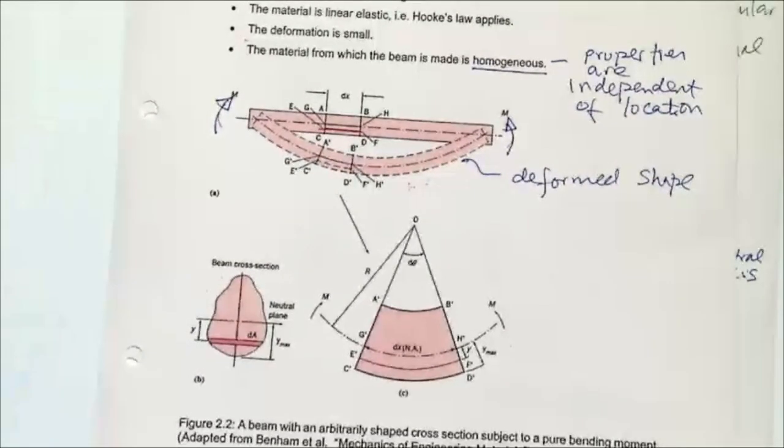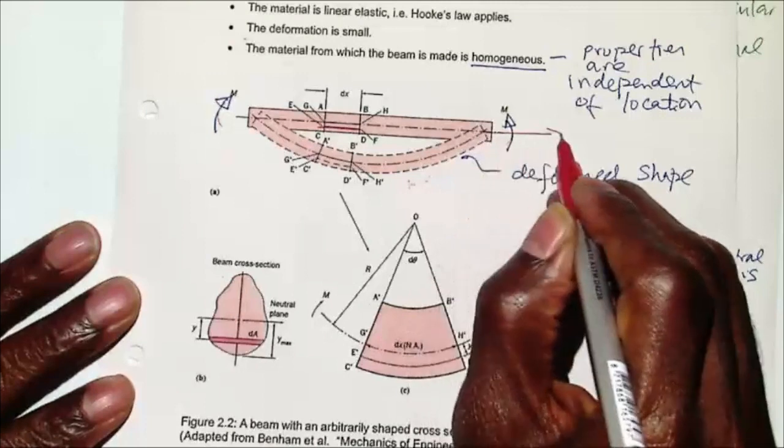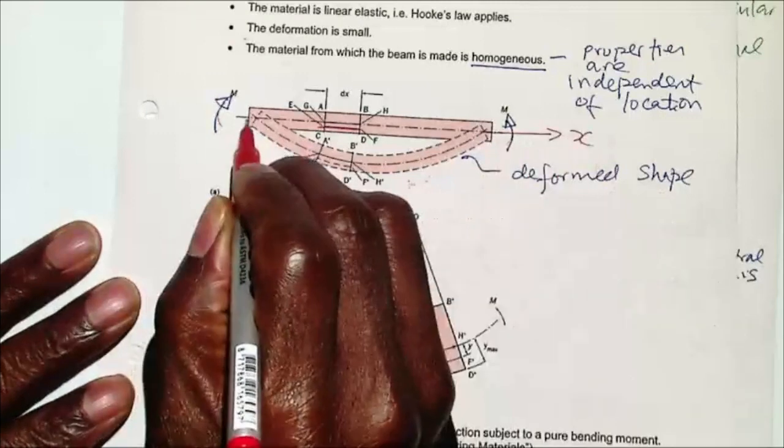Right, so let's look at that. I'm going to look at a small length, length EF, which is at a distance y from the neutral axis. So we have the undeformed shape and the deformed shape. We want to find how the magnitude of the bending moment is related to the stress. One side will be in tension, one side in compression. Remember, our axes are such that that is our x, that is our y.